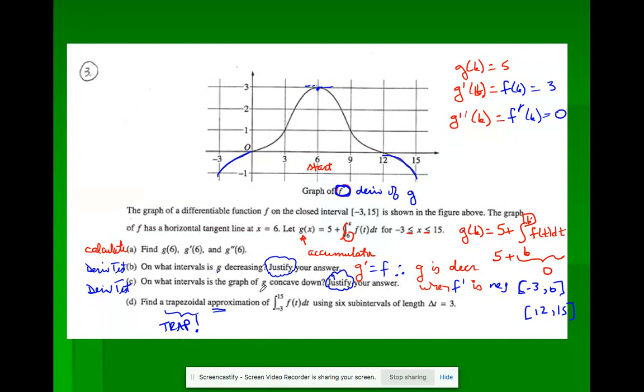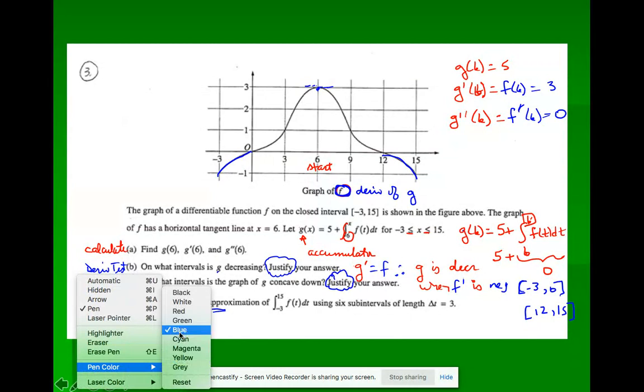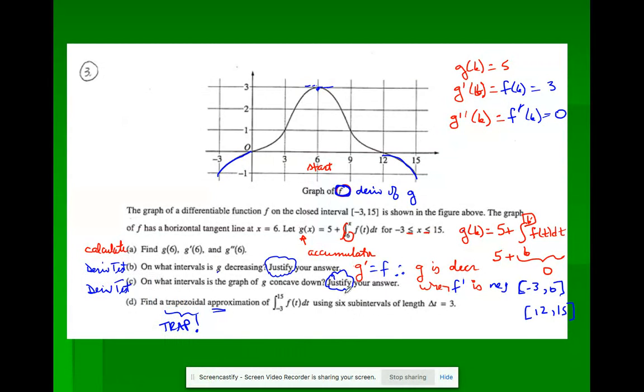On what intervals is the graph of g, the graph I can't see, concave down? I'm going to do the justification before I even answer the question.